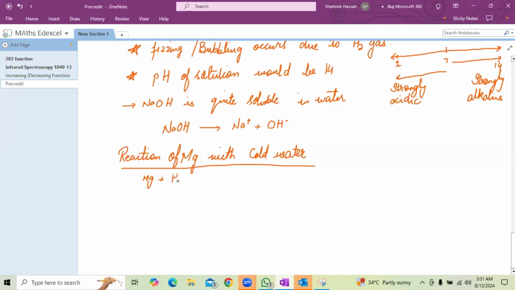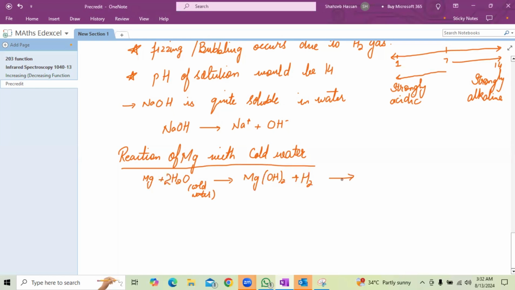So magnesium reacts with cold water and it is going to form magnesium hydroxide with the production of hydrogen gas.